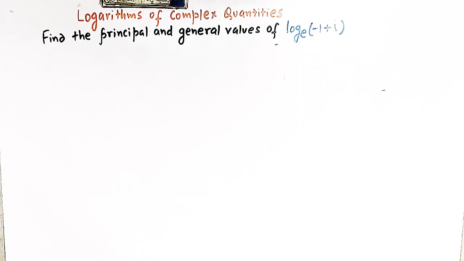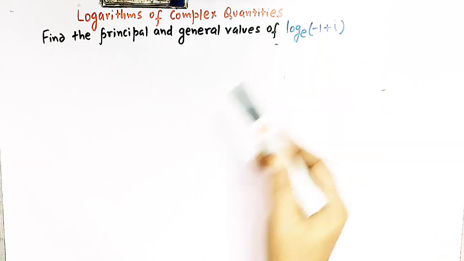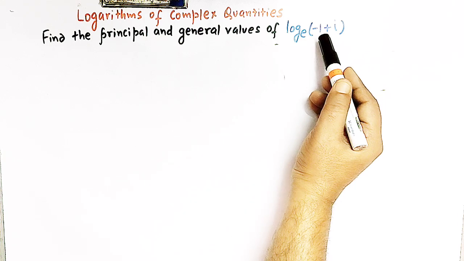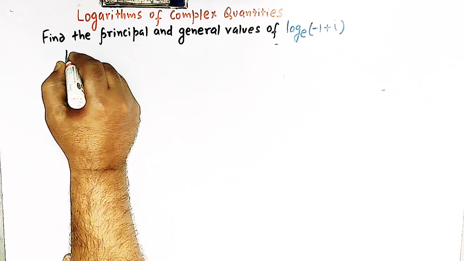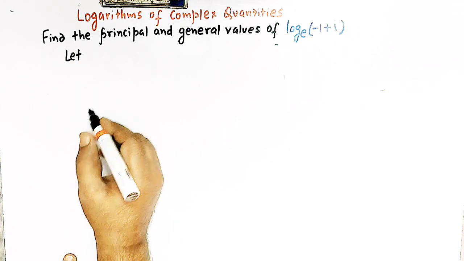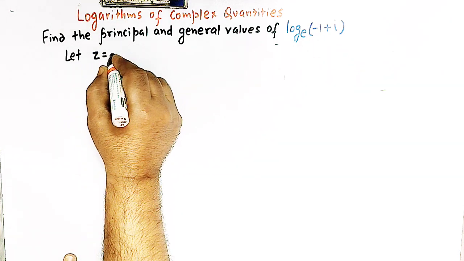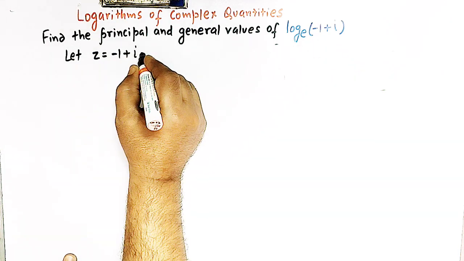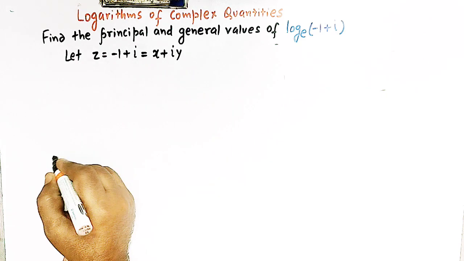So before finding out the principal and general values of the logarithm of this complex number, let us first convert this complex number into a polar form, right? So here we'll first convert this complex number into polar form, and we'll assume z is equal to minus 1 plus iota, that is x plus iy, right?